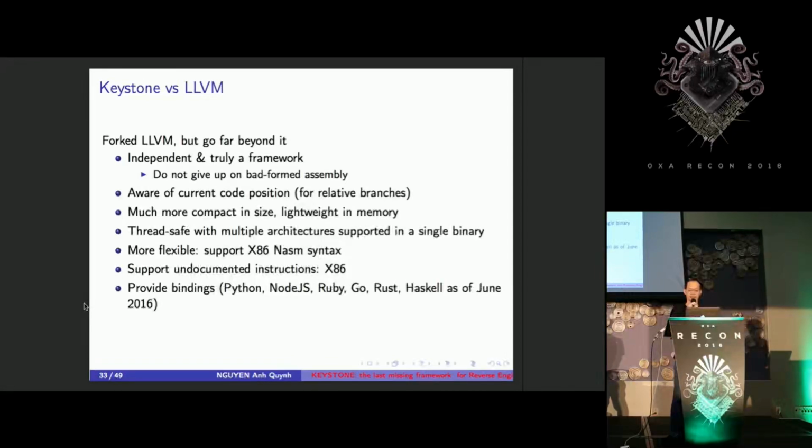Keystone is aware of the current code position, so it can properly encode the relative branch. Keystone is much smaller in size and much smaller in memory consumption. It's like 10 times smaller than LLVM because Keystone removes everything that it doesn't need. It's thread safe, it's more flexible, it supports some undocumented instructions for x86, and it has many bindings.